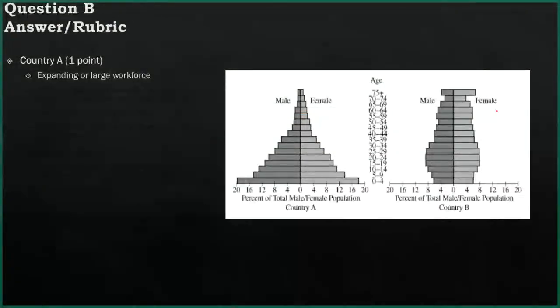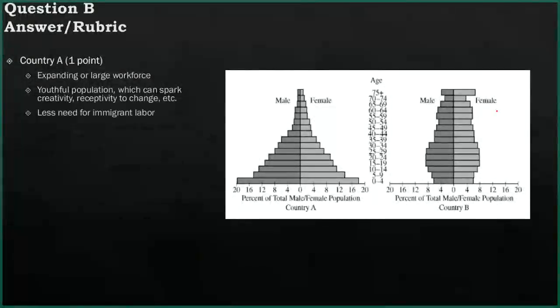So country A, as Cecilia stated, it's going to have an expanding or large workforce. We have a youthful population which can only spark creativity and receptivity to change. This is the rubric that was posted by College Board, so this is exactly the things that they are looking for. Less need for immigrant labor. So they don't need people to come into their country.